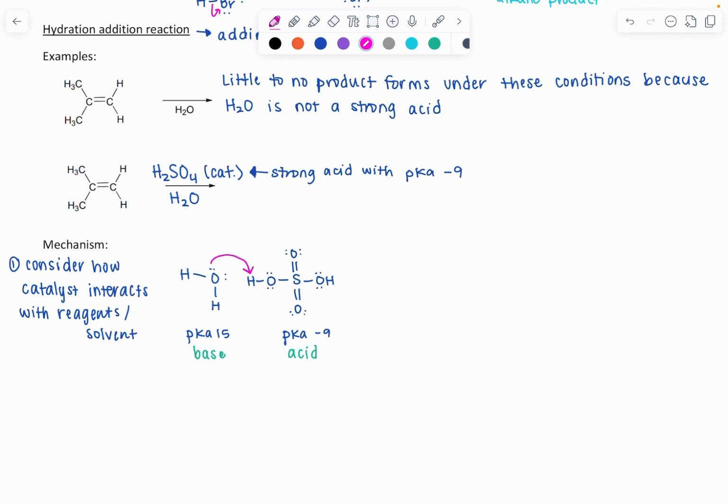Water takes a hydrogen from the acid, and we form hydronium, H3O+, and then the conjugate base of sulfuric acid.